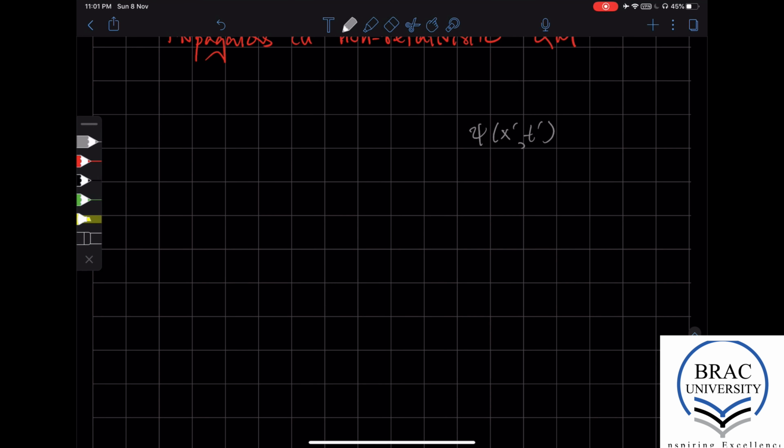And I want to figure out from this data what the wave function will look like at a future time. So the wave function at a future time t, and at the position x, is given by the initial data wave function and then integrated over all of space.